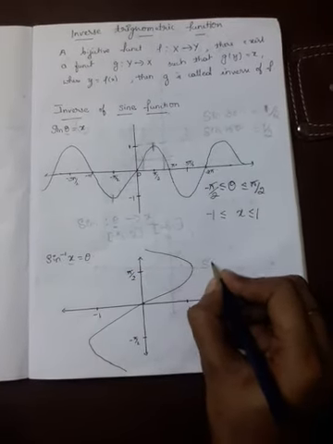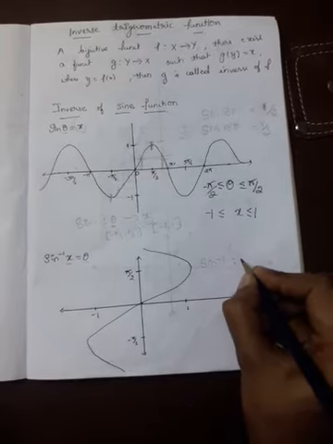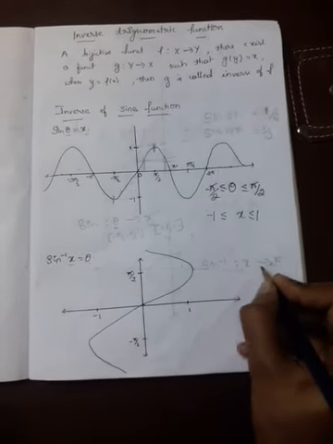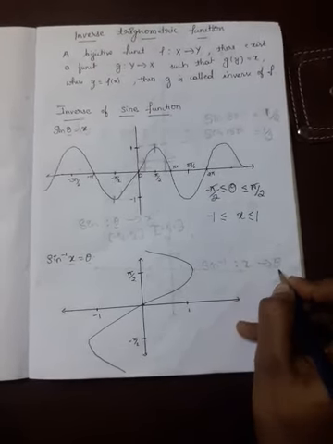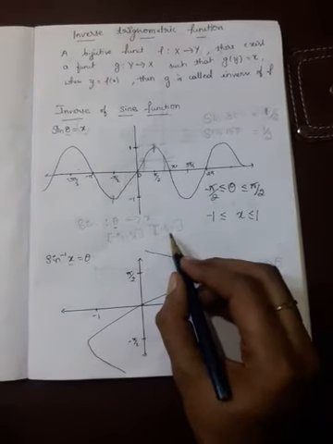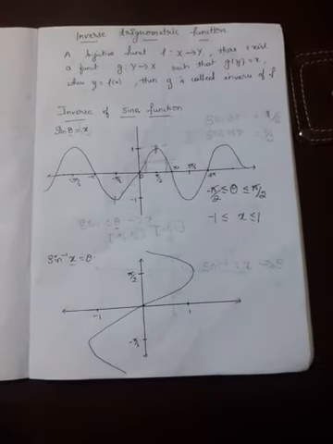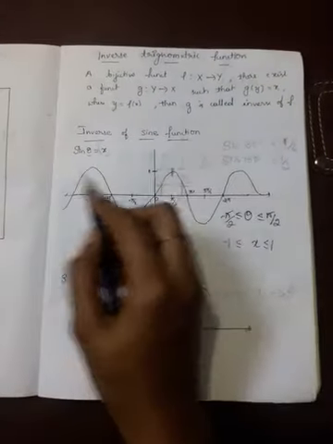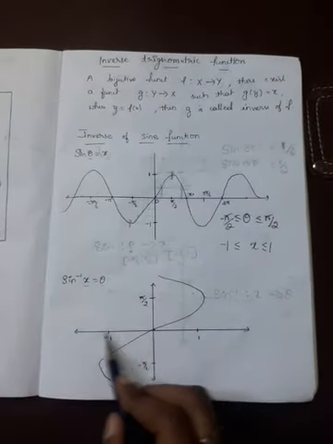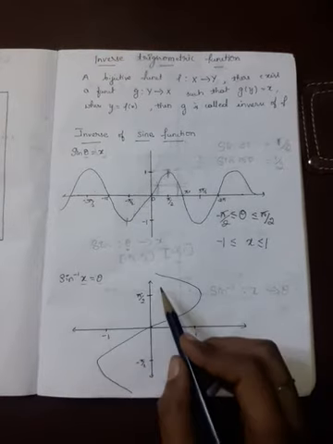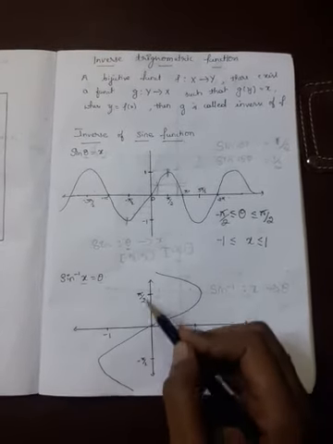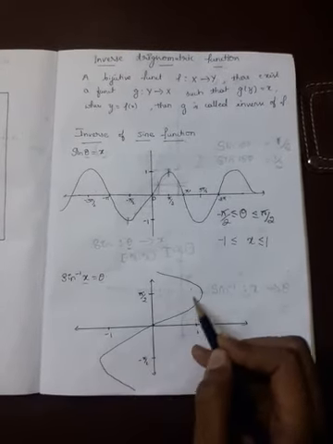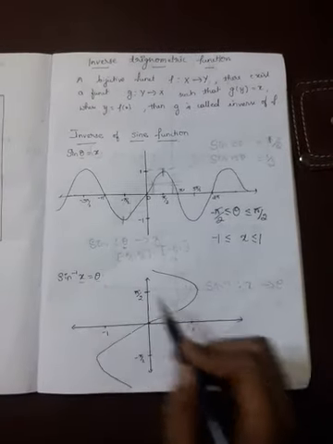Sine inverse varies from x to theta. X varies from minus 1 to 1 and theta varies from minus pi by 2 to pi by 2. Here the graph is straight, here the graph is reversed. That is, the domain value is minus 1 to 1 and the codomain value changes from minus pi by 2 to pi by 2. This is the sine inverse graph.